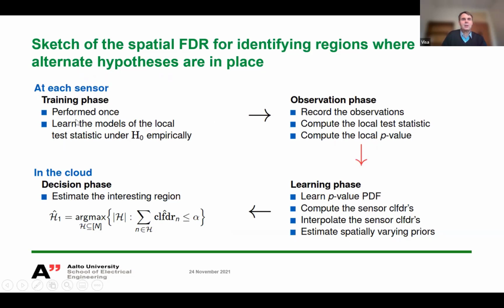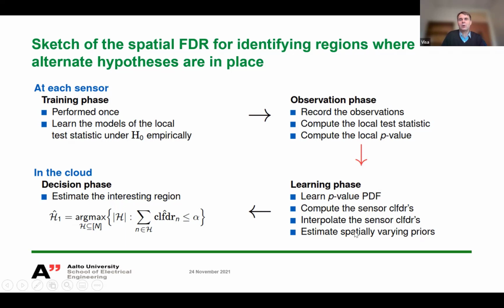So at each sensor, you would have a training phase where you learn the probability model of local test statistics under H null. You could use kind of empirical modeling. And then in the actual operational phase, when you observe these phenomena, you acquire the observations, compute the local test statistic, and then compute the local p-values.